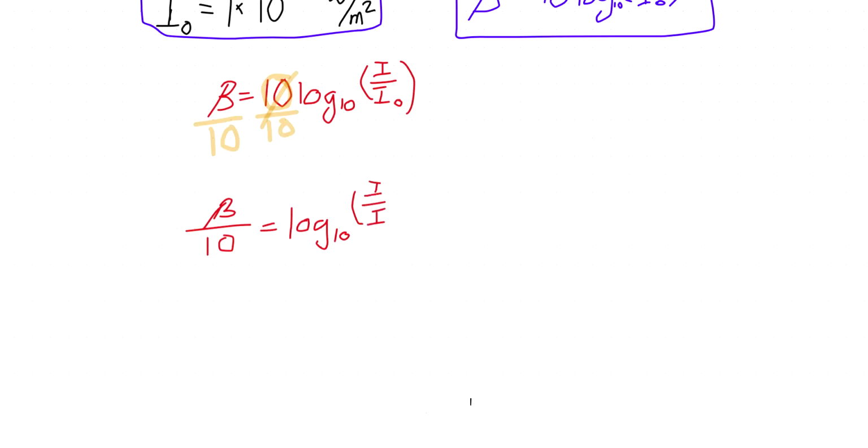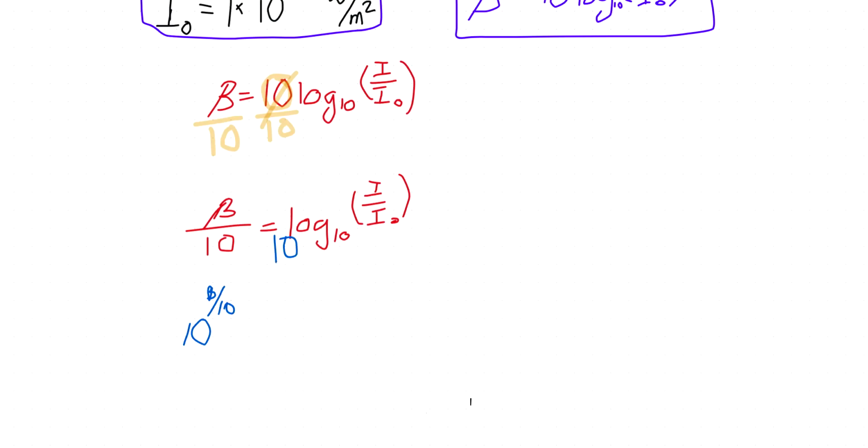So then here's where we forget. How do I get rid of a log base 10? Well, it's very simple to do. All we have to do is raise both sides to the power of 10. So 10 to the power of beta over 10 on this left side. And if I put 10 to the power of log base 10, that cancels this out.